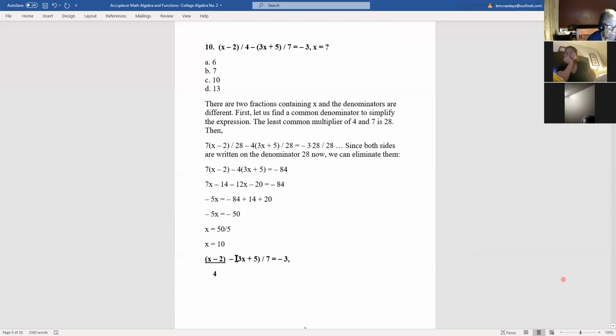And this one, this underline here, I put the 7. The least common multiple is the multiplication of the 7 times the 4. Now, to get 28, I'd have to multiply this expression by 7 and this one by 4. You follow? Okay, so let me just make this closer.